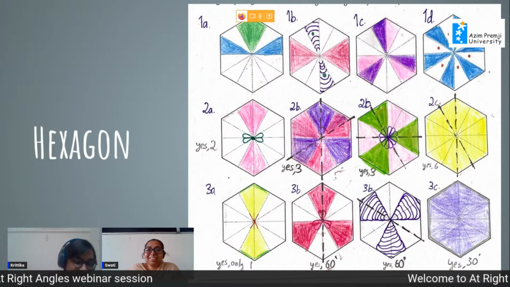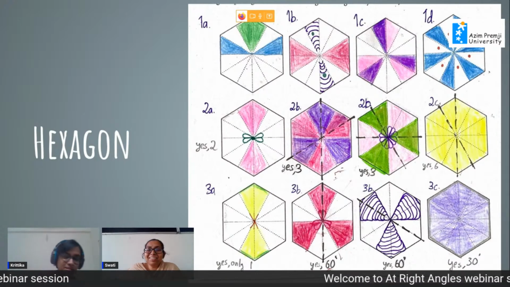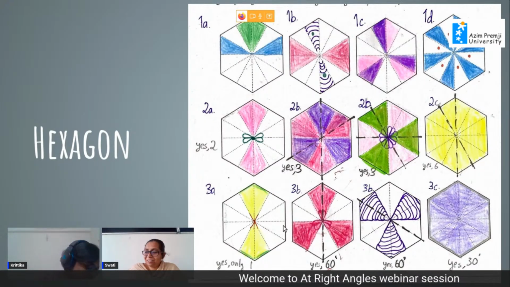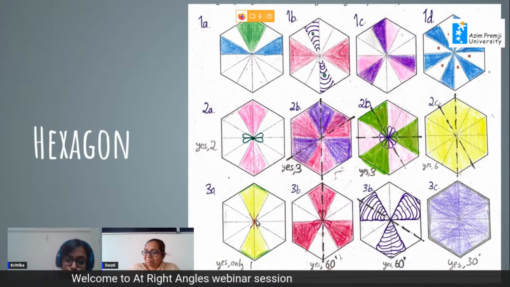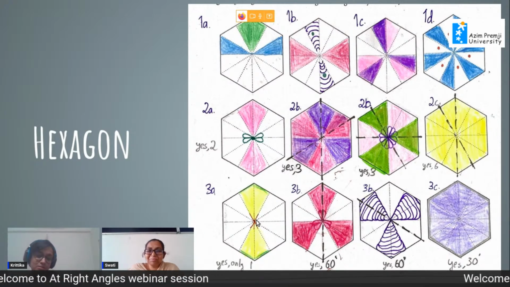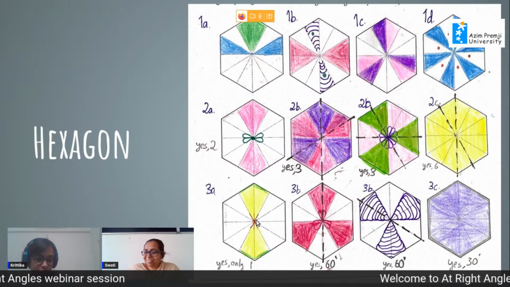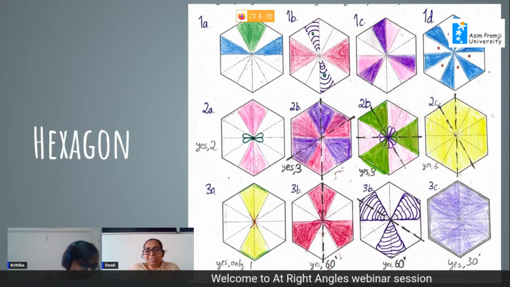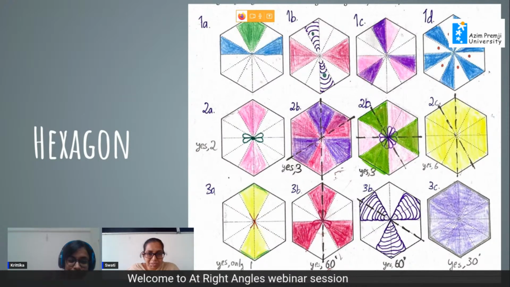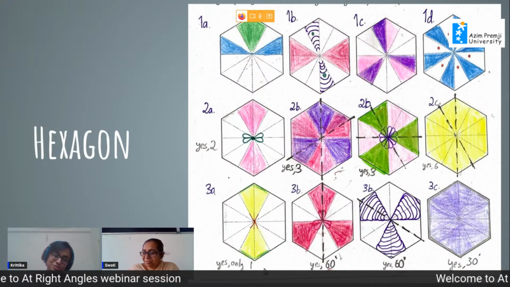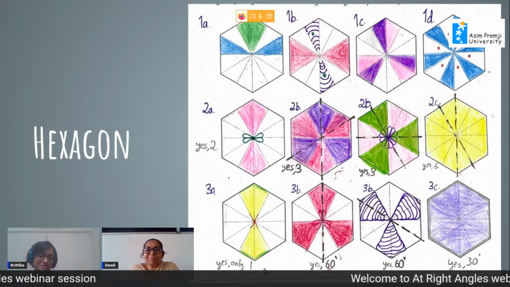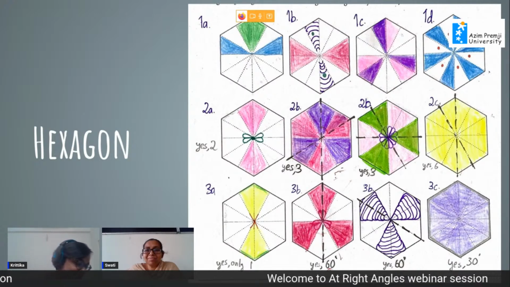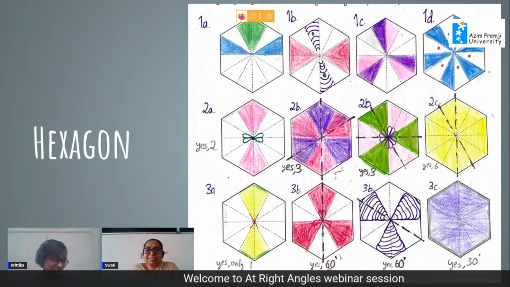And the last row is mixing it up. So the first one is a line of symmetry and rotational symmetry of order 2. So again there can be different colorings for this. Did they notice that 2A and 3A are kind of similar? Yes, they were able to see that connection in the square as well, that with the mixing up, the multiples have some connection.